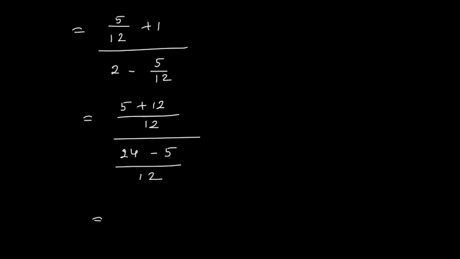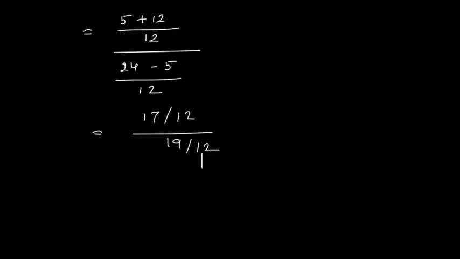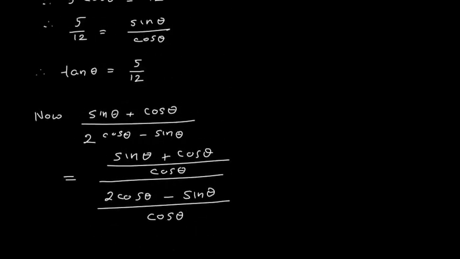So 5 plus 12 is 17, this is 17 upon 12 divided by 24 minus 5. So 24 minus 5 is 19, 19 upon 12. So 12 will cancel and finally we will get 17 upon 19. 17 upon 19 is the answer.